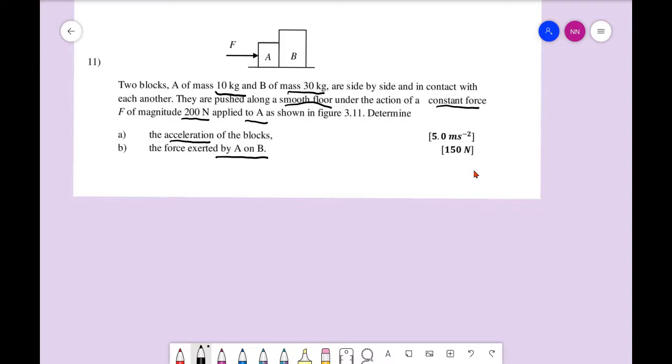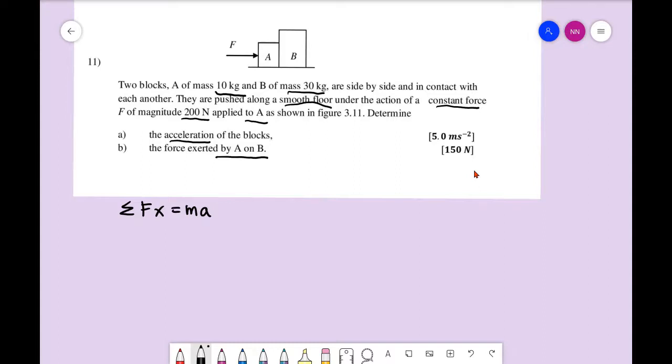So for question A, the acceleration of the blocks, we may apply net force X equals MA, because this block accelerates in the X component. So net force X equals MA.